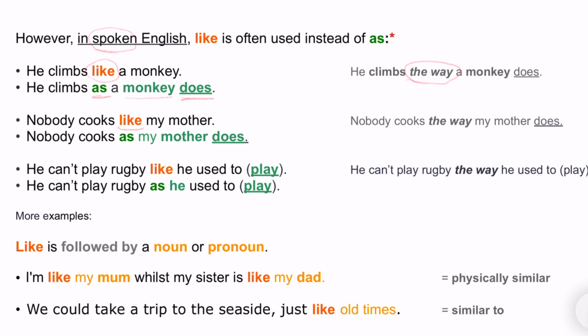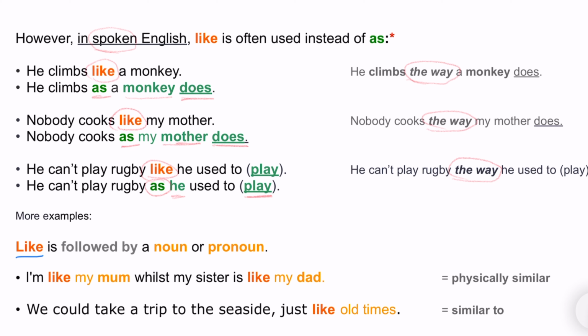Nobody cooks like my mother. Nobody cooks the way my mother does. Or nobody cooks as my mother does. So we've got as, subject and verb. He can't play rugby like he used to. He can't play rugby the way he used to. He can't play rugby as he used to. Implied play.